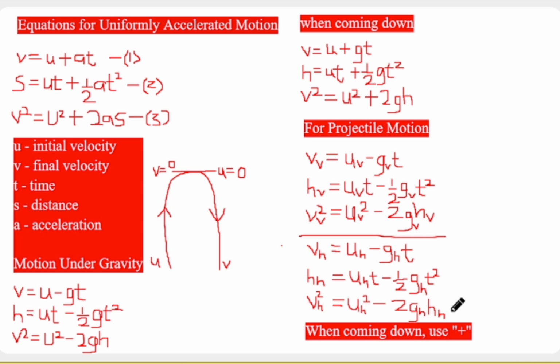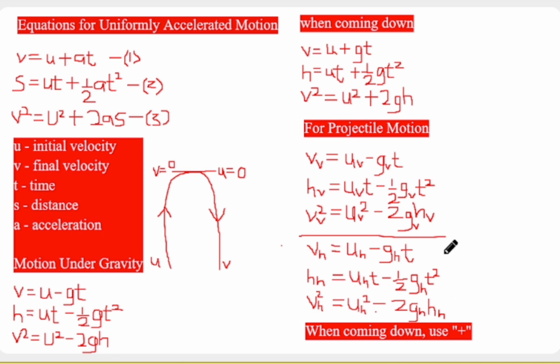I can also write for when it is coming down. When the object is coming down, I will just change where I have a minus sign to a plus sign, and that will give me the equations for when it is coming down.